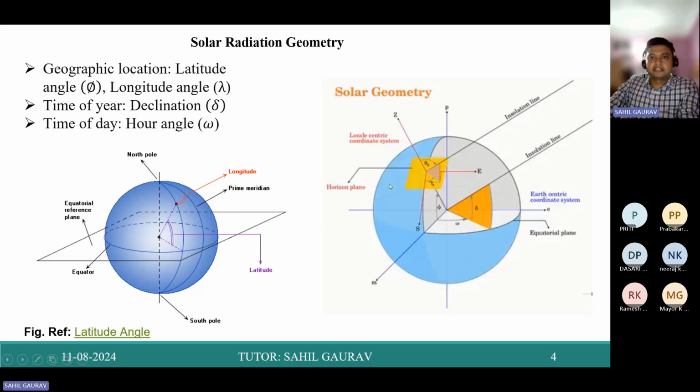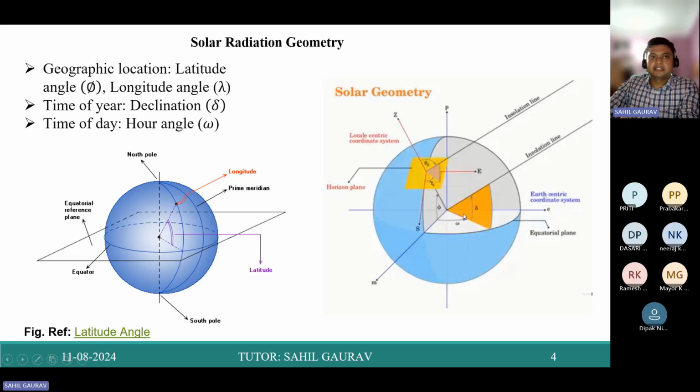From the right hand side plot, we can see these various parameters like hour angle, declination angle, and latitude angle, with respect to the Earth-centric coordinate system.